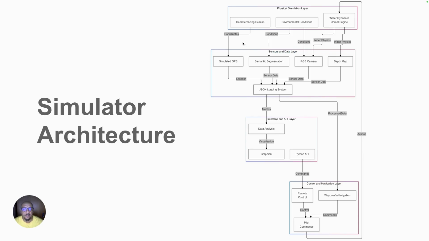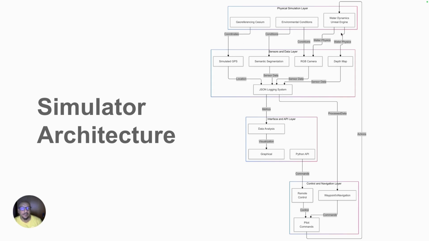The architecture here is a little bit simplified, but you have a simulator physical layer that simulates the movements of the boat in the ocean. We have another layer of simulated GPS and different kinds of camera outputs.